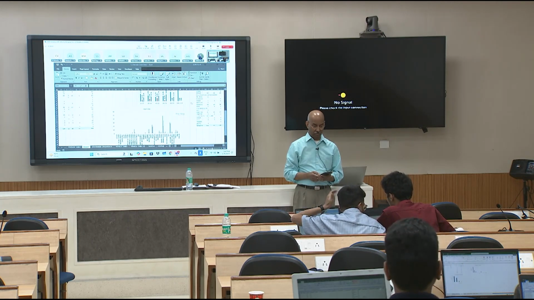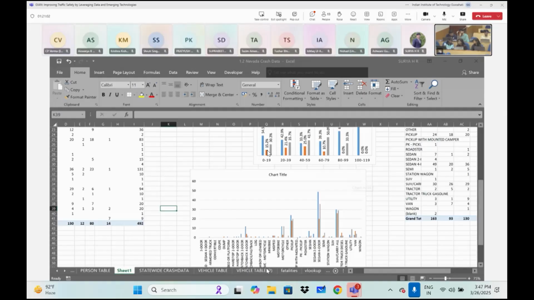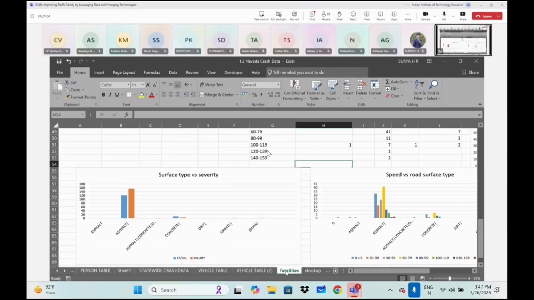Yes, sir. Good afternoon, sir. I am Surya and my teammate is Ritesh. Yesterday we showed road surface type versus crash severity, whether it is injury or fatal. You said that concrete roads are high speed, but the speed data was not available in the statewide crash data.